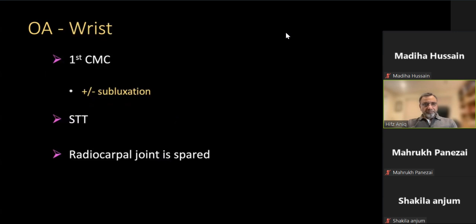So in the wrist, which joints are involved? As I just discussed, that is the STT and first CMC joint, which are typically involved. Everybody who is working hard or uses their computer will get it. So unfortunately, all our generation or your generation will have a lot of it.